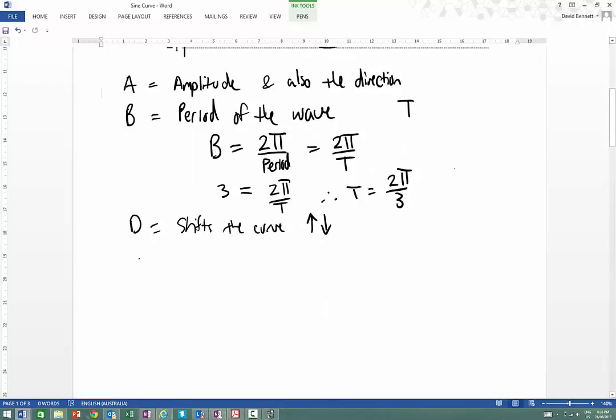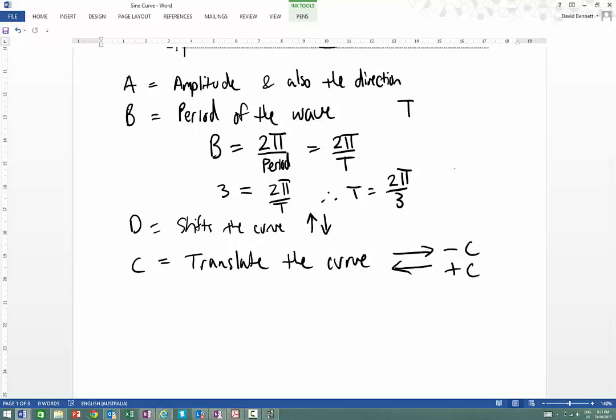So our C value will translate the curve that way if it's take C, and it goes that way if it's plus C. Whatever the value is, that's what we've got there.